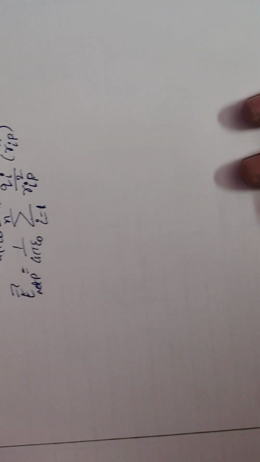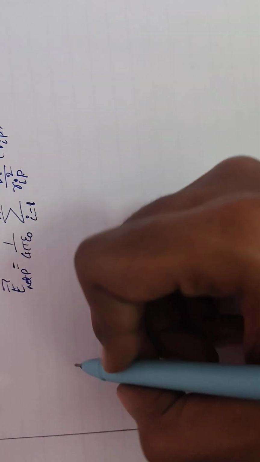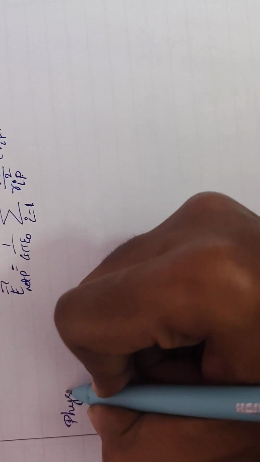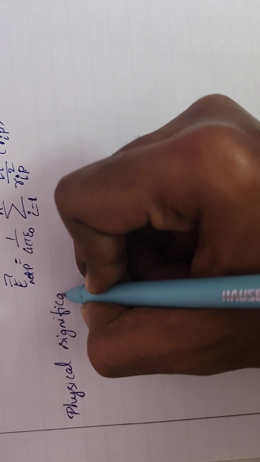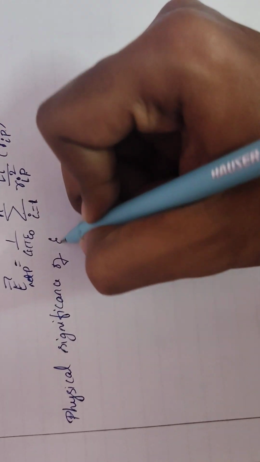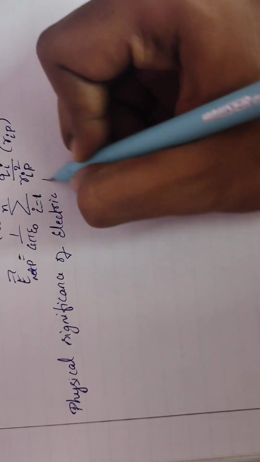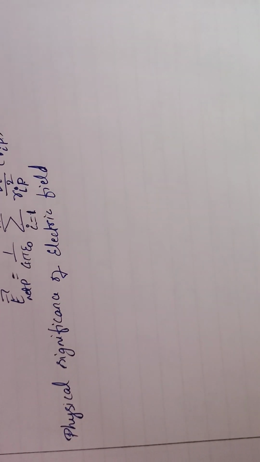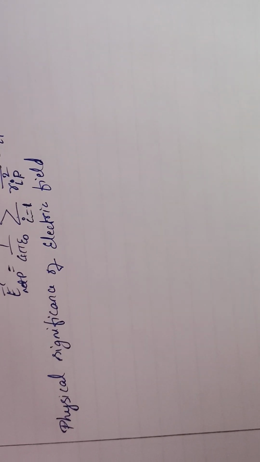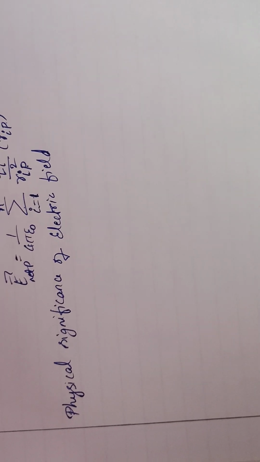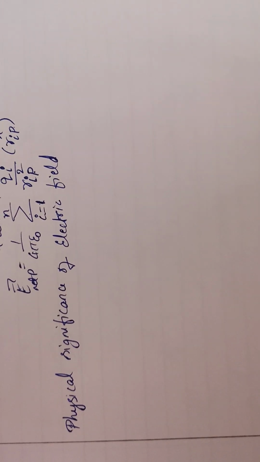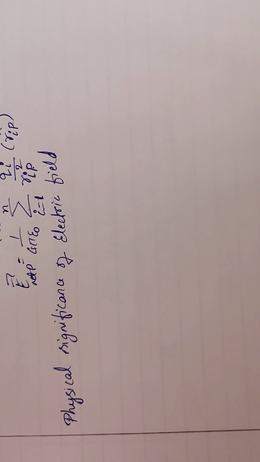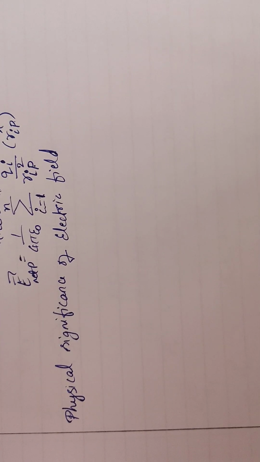Okay. Next, there is a small section in your NCERT book called physical significance of electric field. Now, before learning anything, always ask yourself, is it really necessary? For example, here when you are dealing with 2 charge system or 3 or n charge system, we have already seen what is the force between them, right?